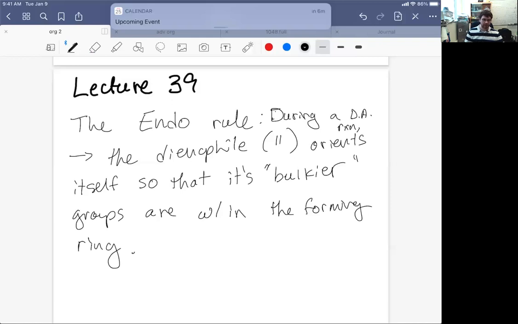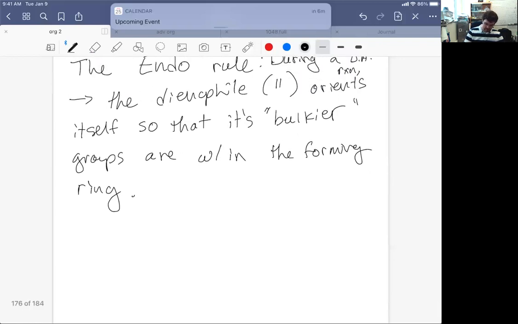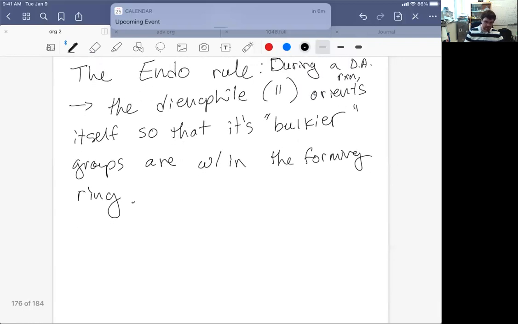Okay, so let's first of all attack this from a general stereochemical model. Now, what I'm saying is that its bulkier groups are sort of like its stuff. So let's take a diene, but let's keep the diene boring. If the diene is boring, let's consider things on the dienophile.